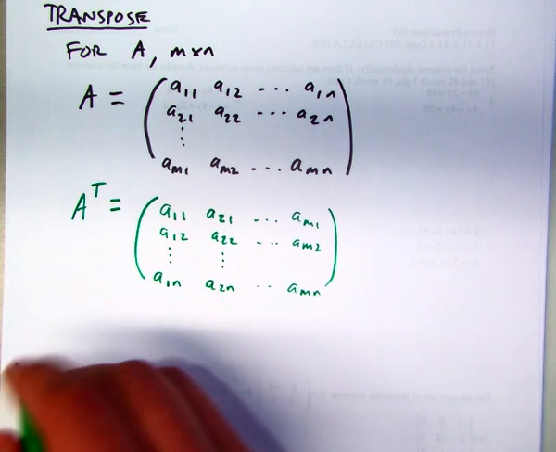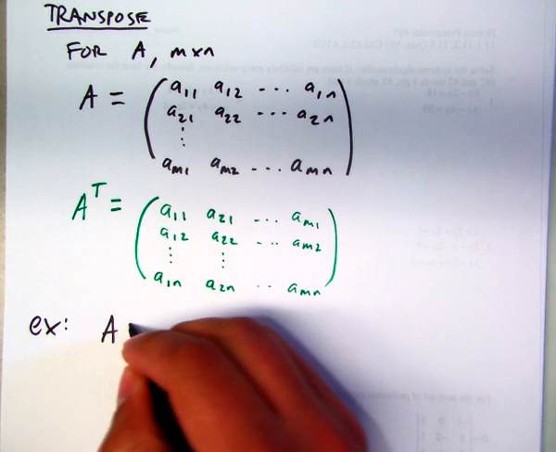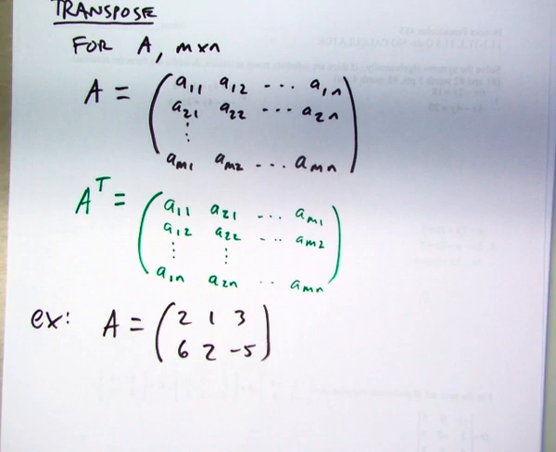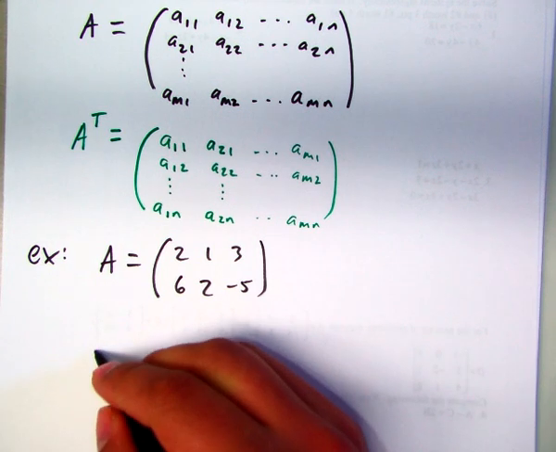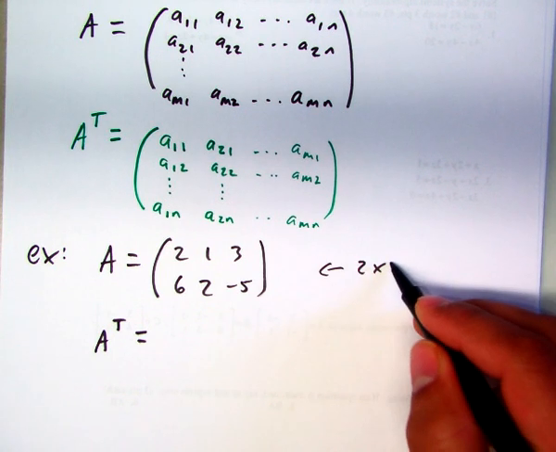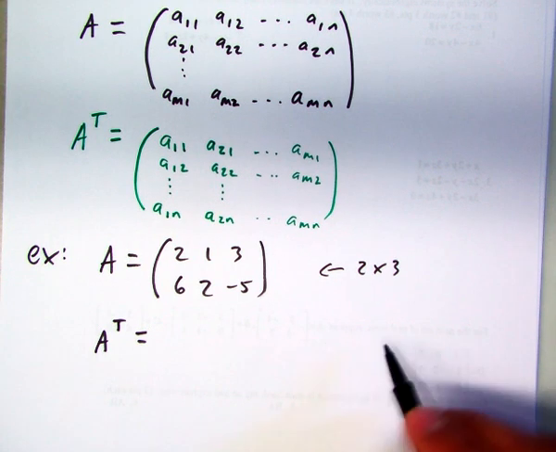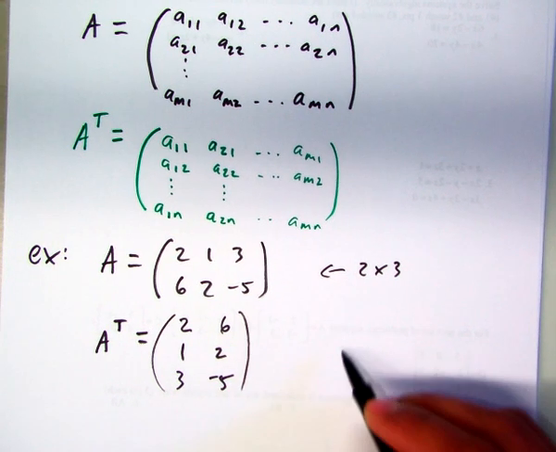So we'll do a quick example. Sometimes it's easy to just see it with a numerical example here. So let's say A is a 2 by 3, 2, 1, 3, 6, 2, negative 5. The transpose would, instead of a 2 by 3, be a 3 by 2.